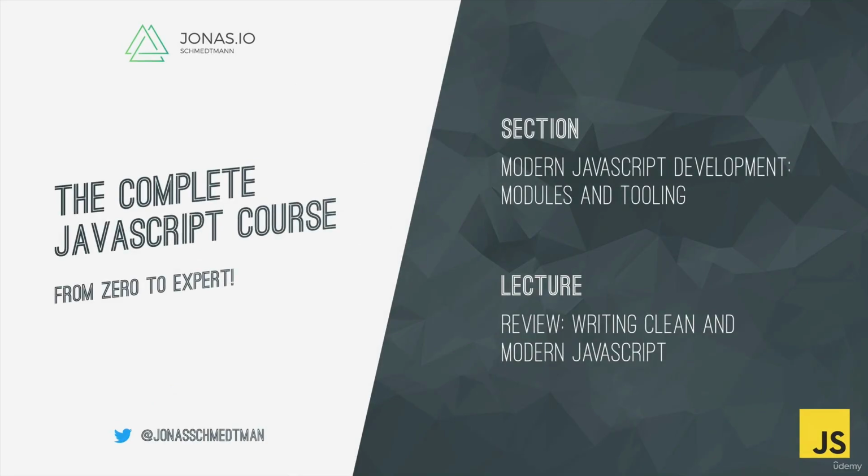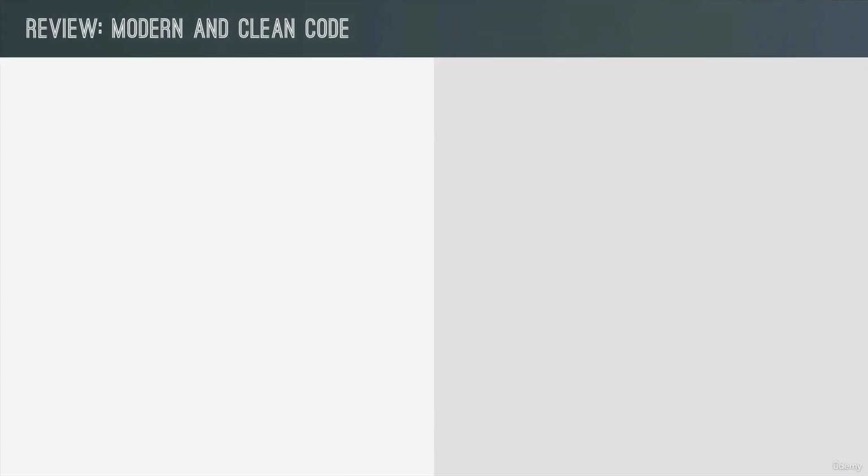So in this section, we have talked about modern JavaScript development practices, such as tooling and modules. Now, since this is a section about how to write modern JavaScript, let's actually finish the section by reviewing clean and modern JavaScript coding style, and also take a brief look at some functional JavaScript principles in the next video. And this lecture is actually mostly going to be a review lecture.